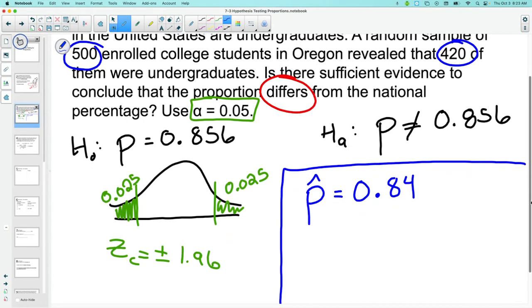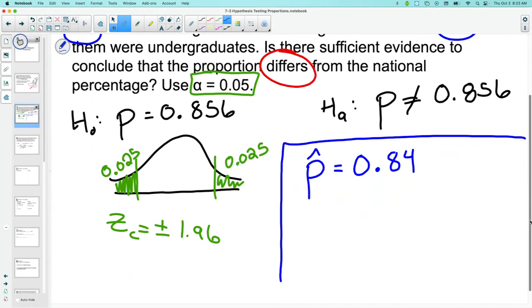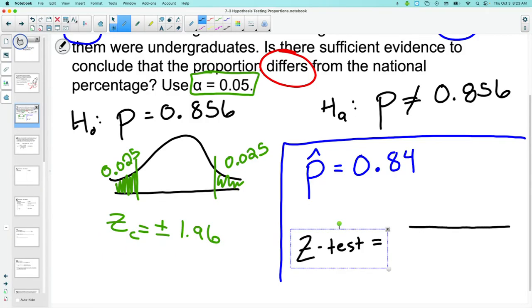And then I need to get a z-score from this value. This is my test value. So I'm going to write that as my z-test, or however you want to label that, so that I don't mix it up with this green one. The green one is on its own, it's separate. I'm finding this from my data. And how we do that, we can follow that formula that's on the sheet before.